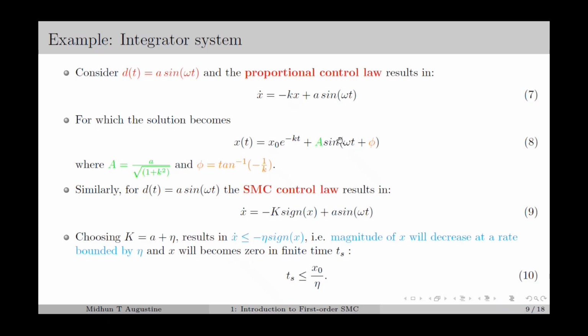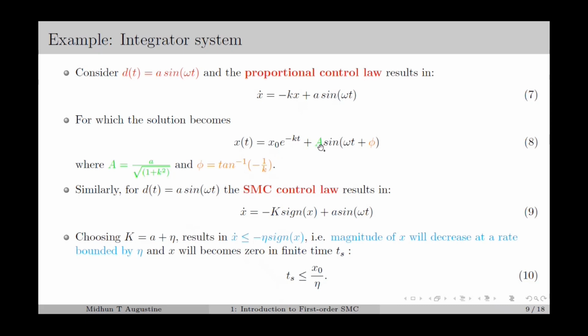Here, the homogeneous solution will be an exponential function as before, and the particular solution will be in the same form as the disturbance function and can be represented as capital A sin of omega t plus phi, where this capital A is the amplitude and is equal to this value, and phi is the phase. In this response, this exponential term will be converging to 0 as t tends to infinity. However, the sinusoidal term will remain there and results in steady state oscillation.